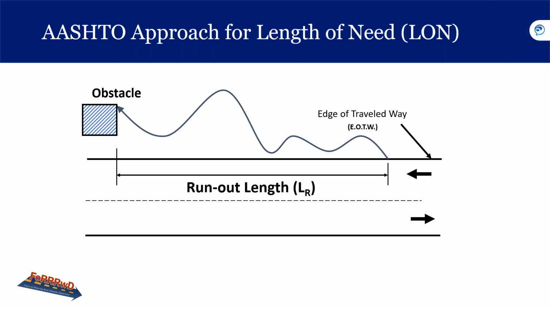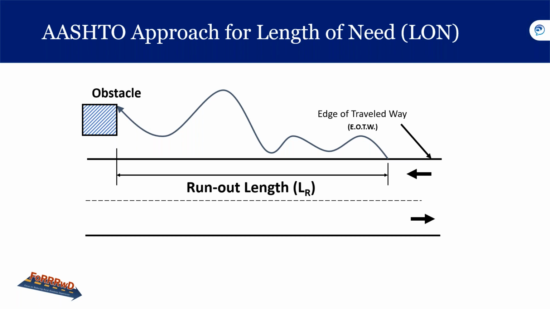All we really know about the angle is that it decreases at higher speeds. So the AASHTO design procedure does not specify any encroachment angle. Instead, it uses what's called a run-out distance and the lateral offset to the back side of the hazard to determine an appropriate barrier design.